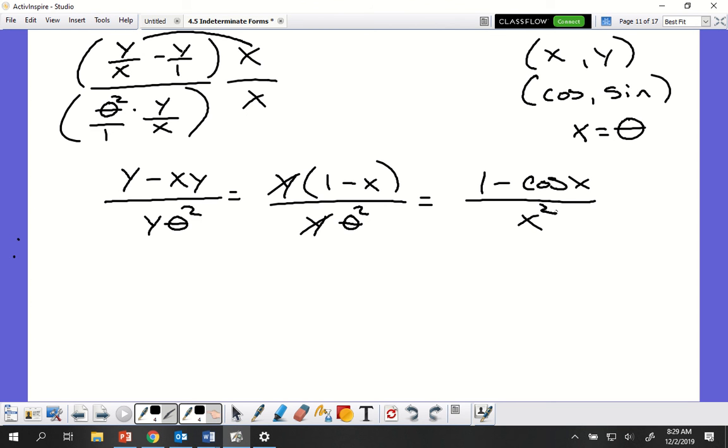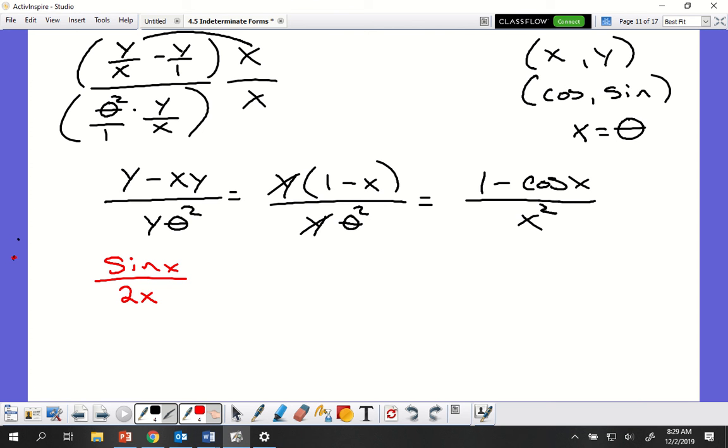Positive sine, right? Positive sine. So it's going to be a sine over 2x, right? So the derivative of the top over the derivative of the bottom.